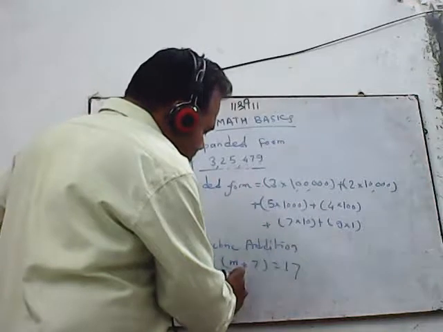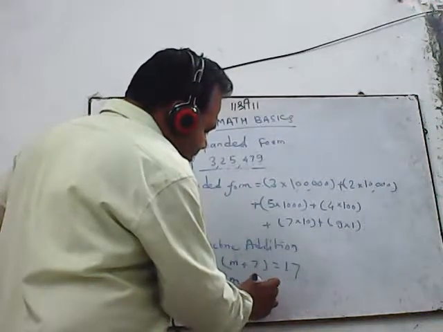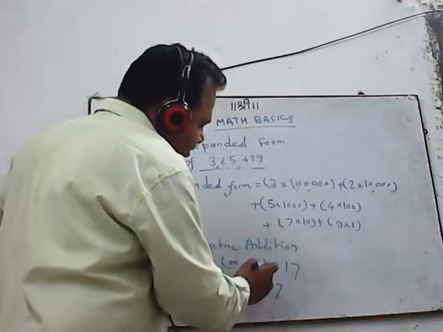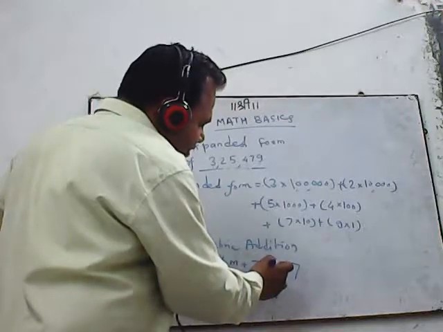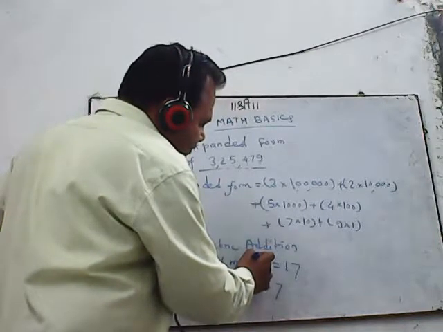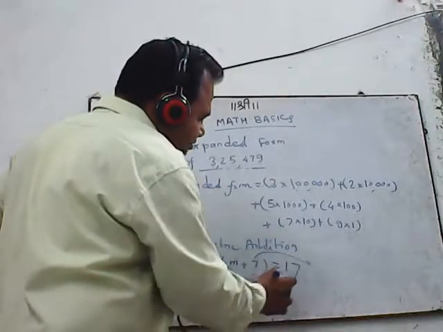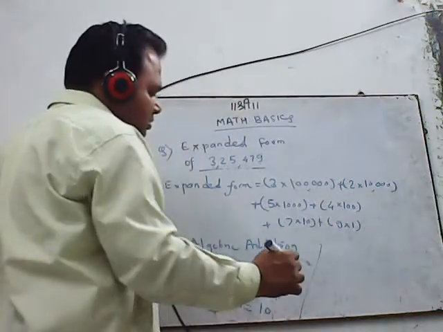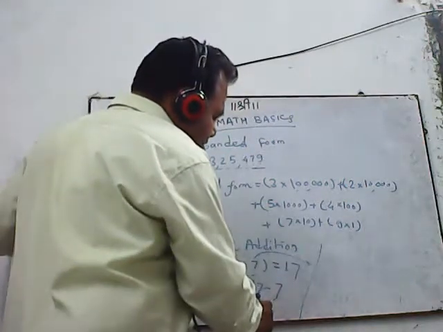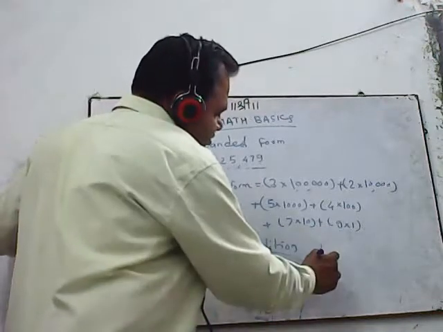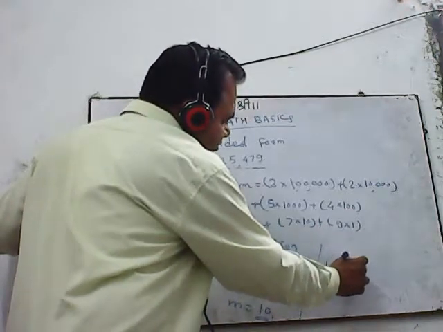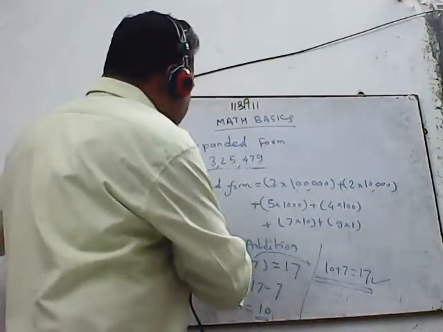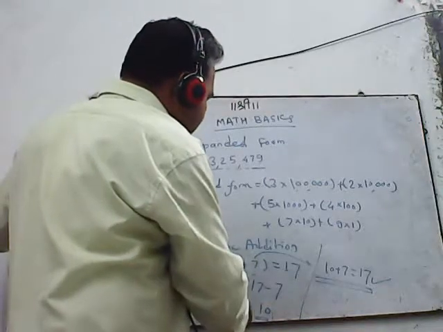By the transposing rule, m is equal to 17 minus 7, meaning as this 7 is on the left side of the equal sign, if I put it to the right side, it will become minus. That will be equal to 10. We can cross check this by putting the value of m in this equation. So here 10 plus 7 is equal to 17. This is correct. That's why we found the value of m equal to 10 correctly.